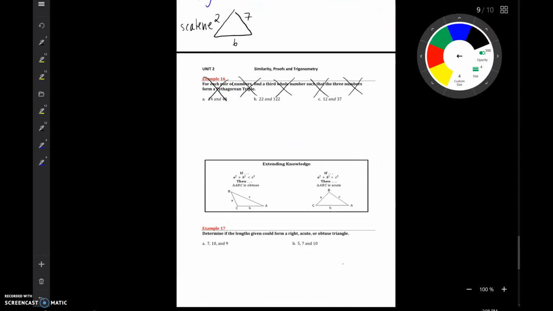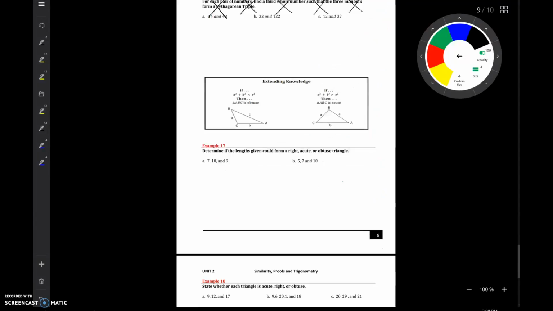Let's look at an example. On example 17, 10 is the biggest number given, so that has to be the value of C. So we would compare 10 squared to 7 squared plus 9 squared. Have your calculators out for me, please. 10 squared is 100. 7 squared plus 9 squared, you can evaluate that on your calculator.